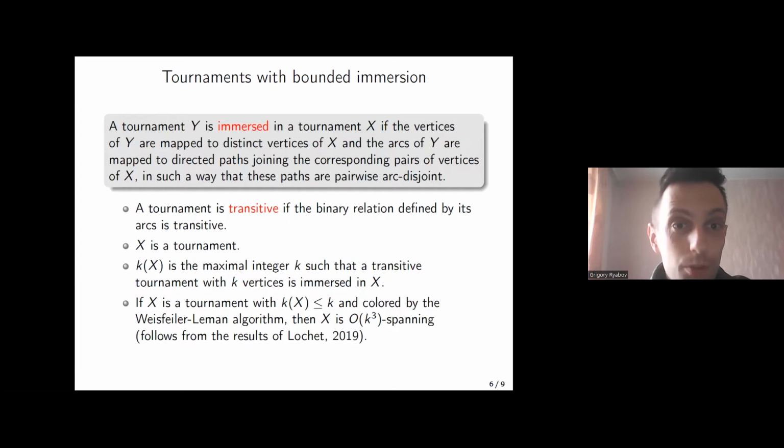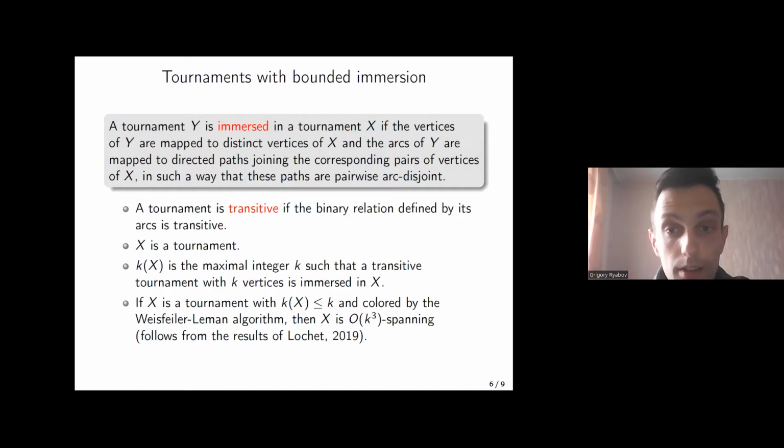A tournament Y is immersed in a tournament X if the vertices of Y are mapped to distinct vertices of X, and the arcs of Y are mapped to directed paths joining the corresponding pairs of vertices of X in such a way that these paths are pairwise arc disjoint.